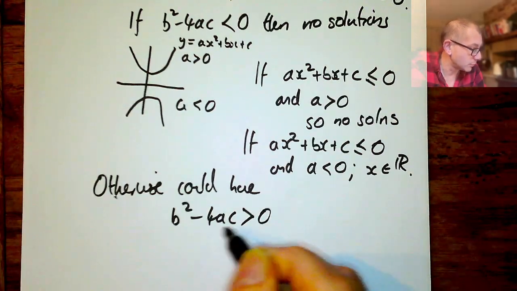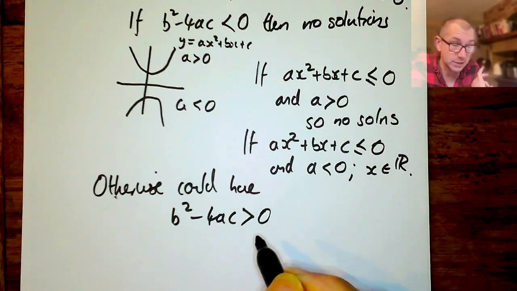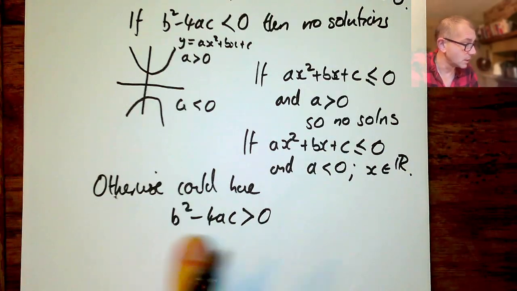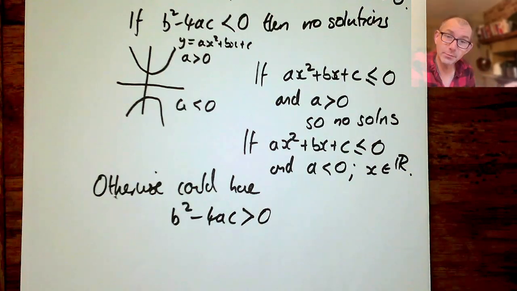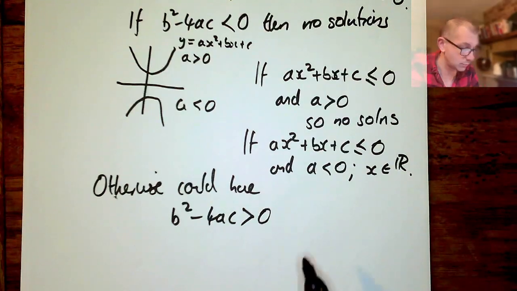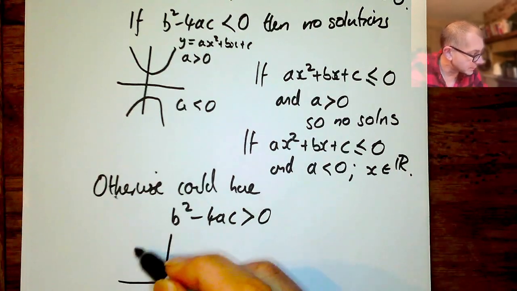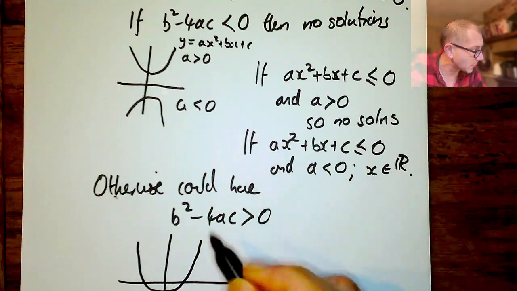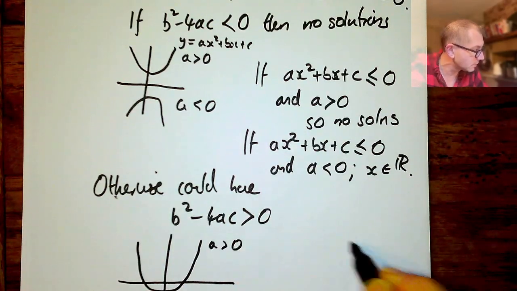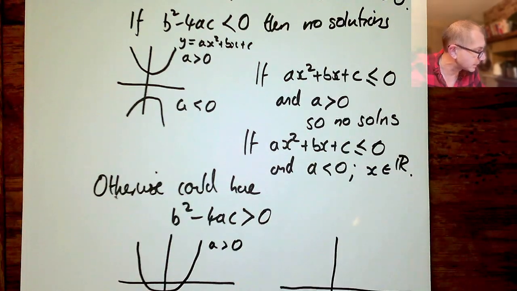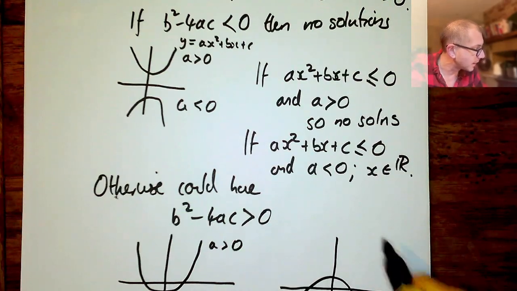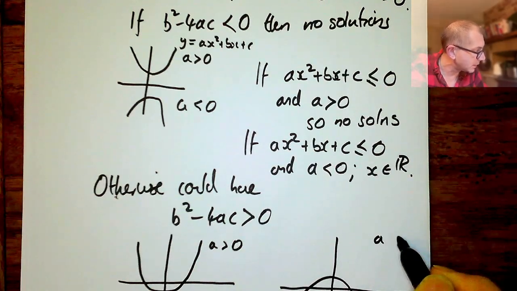And then, if you think of the quadratic equation, you know that this is what comes under the square root. So you get two different solutions if this is bigger than 0. So we either get something like this if a is bigger than 0, or we get something like this if a is less than 0.